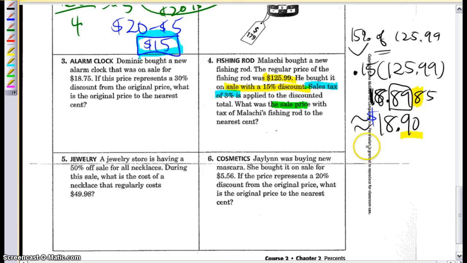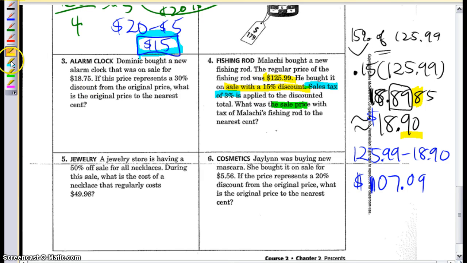So we're going to then subtract $125.99 minus $18.90. What did you get? $107.09.